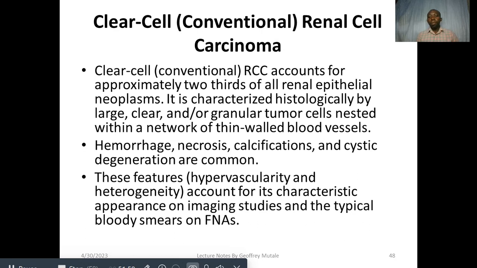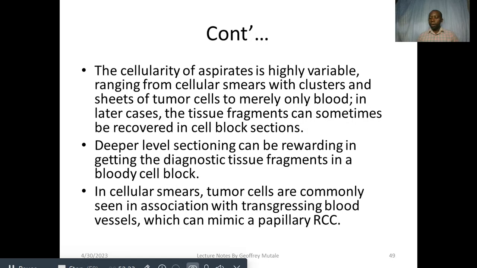Hemorrhagic necrosis, calcification, and cystic degeneration are common, and these features account for its characteristic appearance on imaging studies and the typical bloody smear on FNA samples.